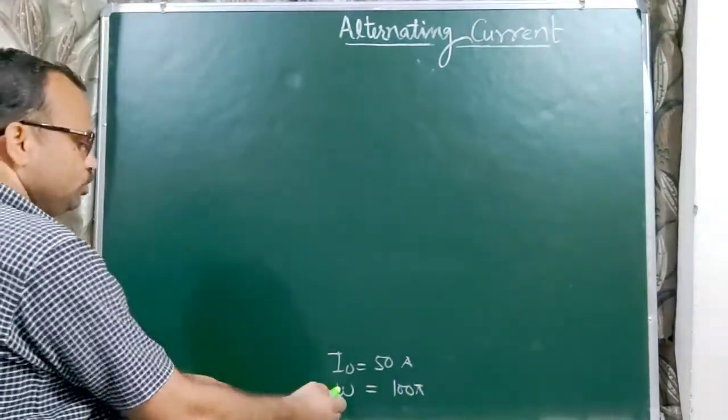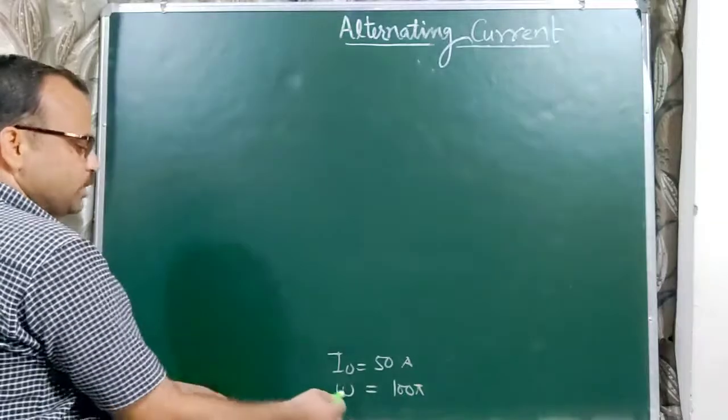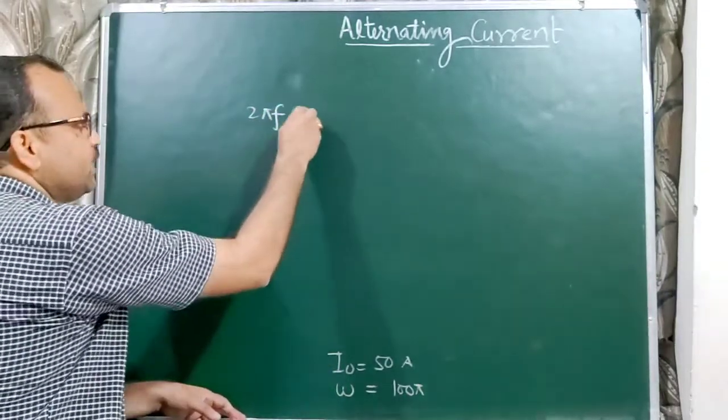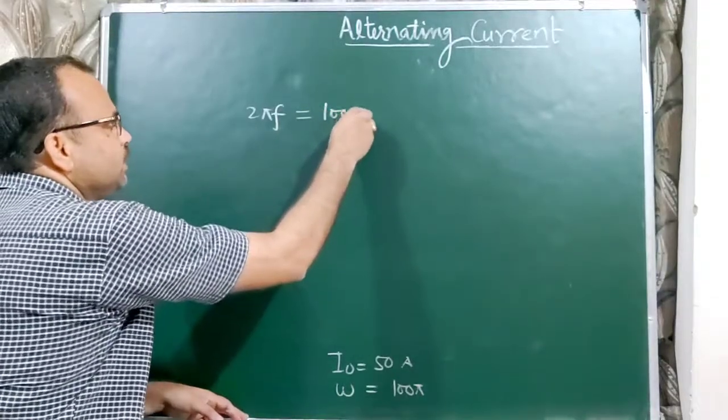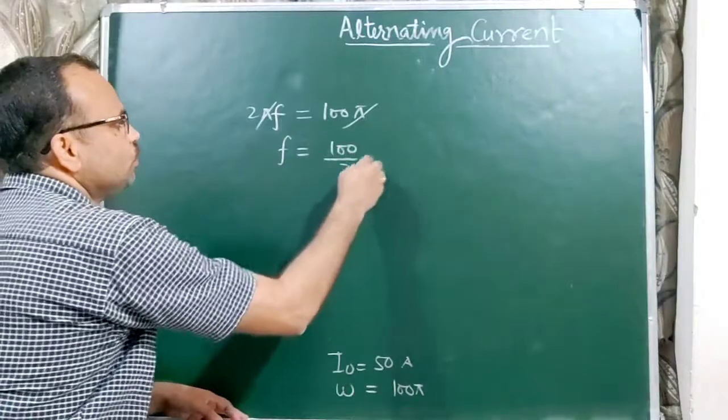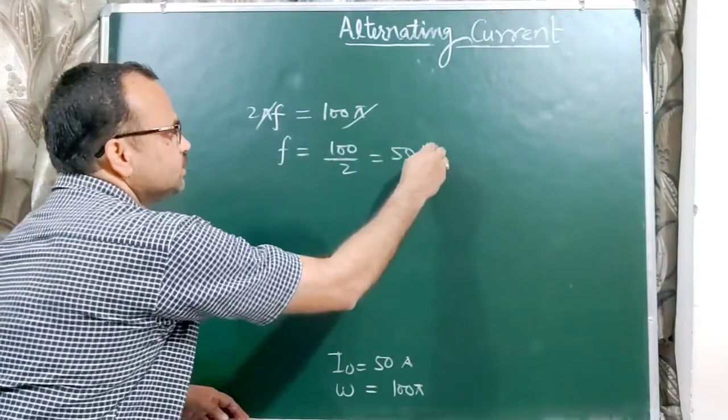Now substituting the value of omega. As we know that omega equal to 2 pi f. Here f is the frequency of alternating current, so 2 pi f equal to 100 pi. Then pi to pi cancel. So f equal to 100 upon 2, means 50 hertz.